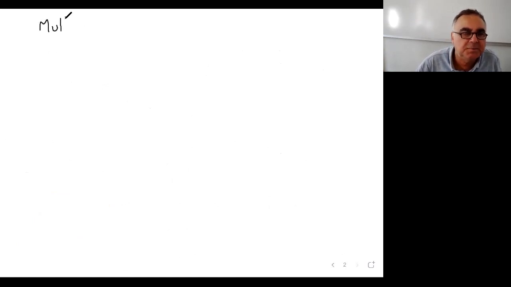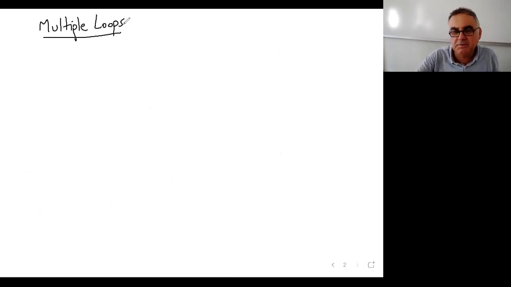Okay, so we are talking about loop equations, but it is possible to have multiple loops. Until now, we have looked at mechanisms with single loops like this one, for example.